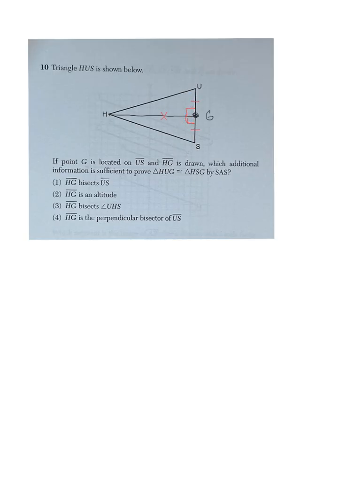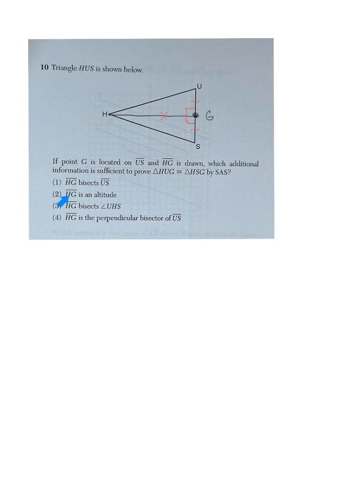Well, yes, this is equal to this, but if this is all they gave us, that's not enough to prove these two triangles are equal, because granted, HG would equal HG by reflexive, and UG would equal SG because of this bisector. But that doesn't tell us anything about the right angles, so this isn't the correct answer choice.